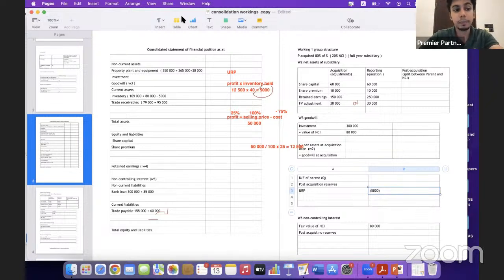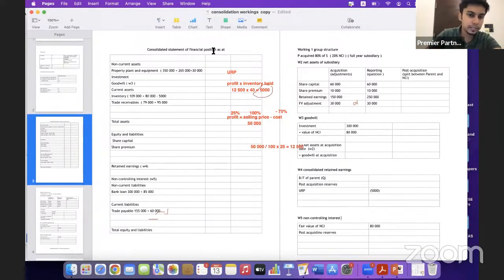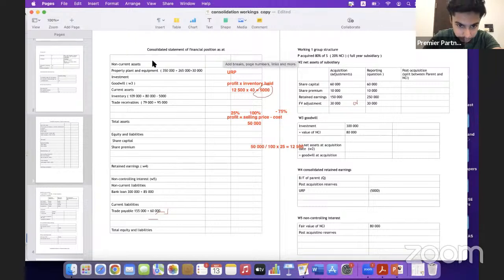If the parent is selling, the parent makes profit and keeps it in retained earnings. Our objective is to remove the profit. That's the reason why retained earnings becomes minus, meaning debit. So this is how the double entry works if the parent is the seller for the URP. Inventory credit, retained earnings debit.